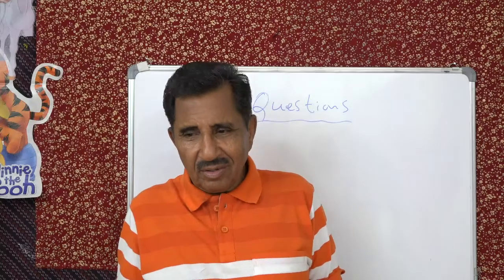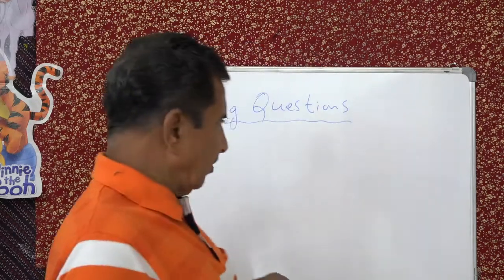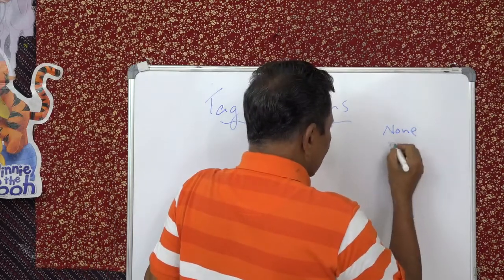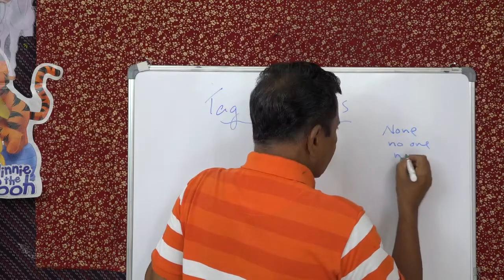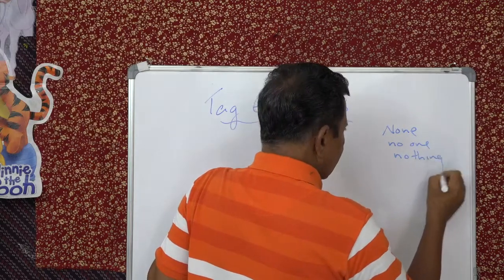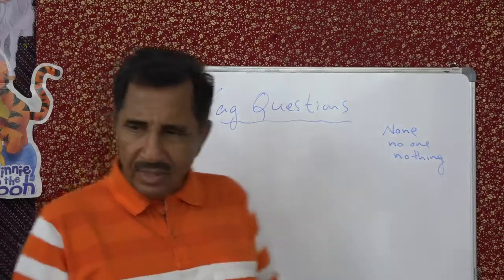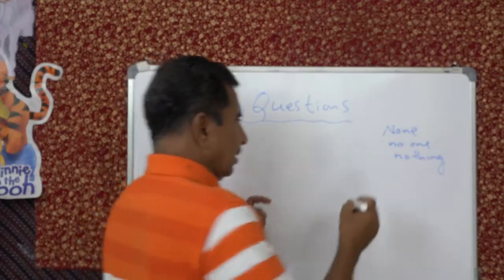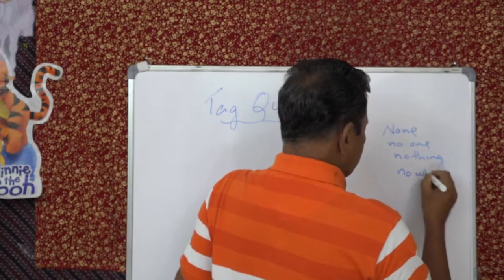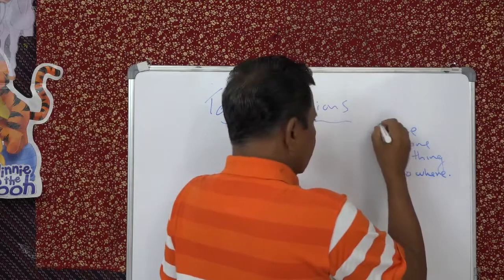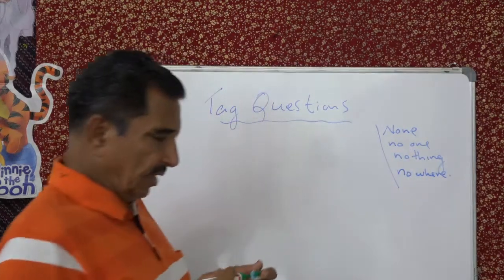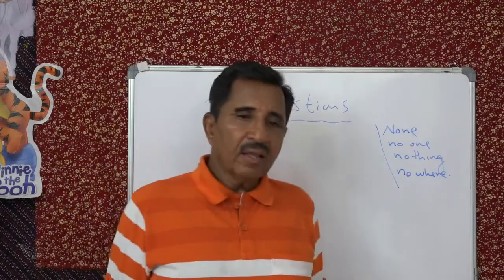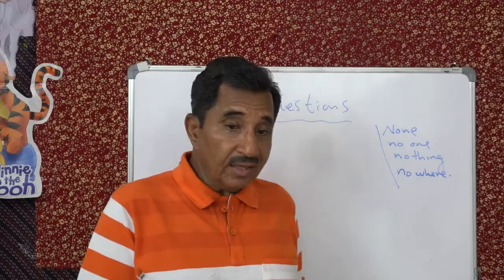You may get sentences with words that are negative in meaning, like none, no one, nothing, nowhere, etc. They have negative meaning. Then what will you do? A sentence containing such words takes a positive tag, because the meaning is negative.